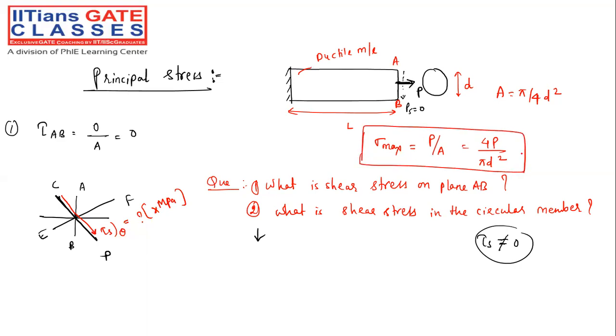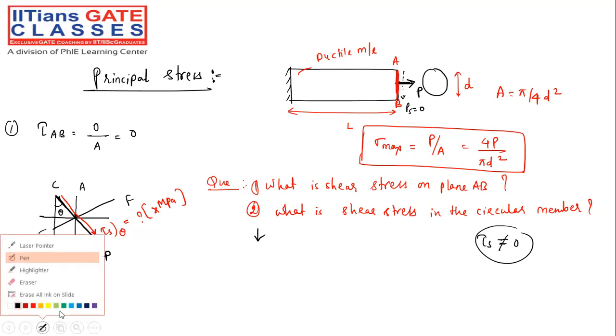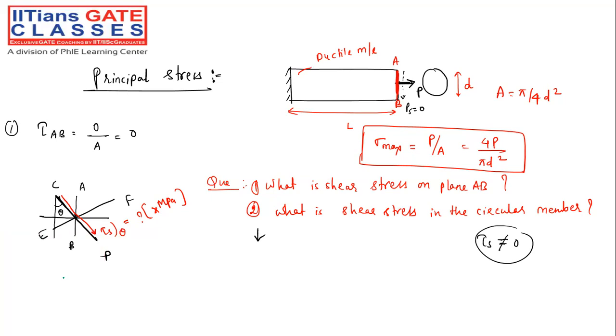On a cross-sectional area on the plane AB, strength of material gives me the formula. But it is never going to give me the value at a particular plane which is inclined at an angle theta from the vertical. Let's suppose, just for the sake of understanding, that plane CD is inclined at an angle theta from the vertical.